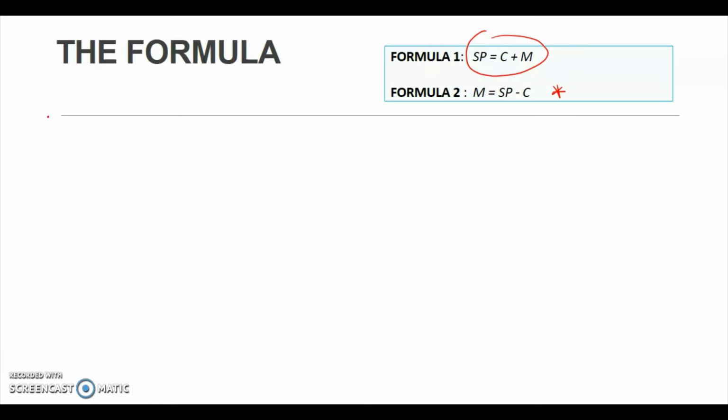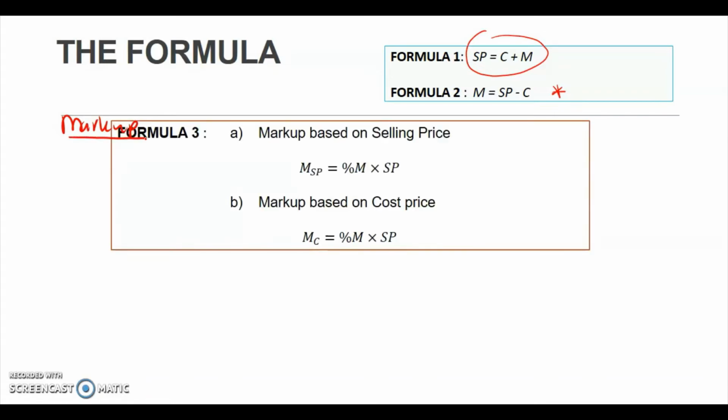For markup amount, we have two cases. The first one is markup based on selling price. The amount of markup can be generated from the selling price, so to get that value, the percentage is multiplied with the selling price.